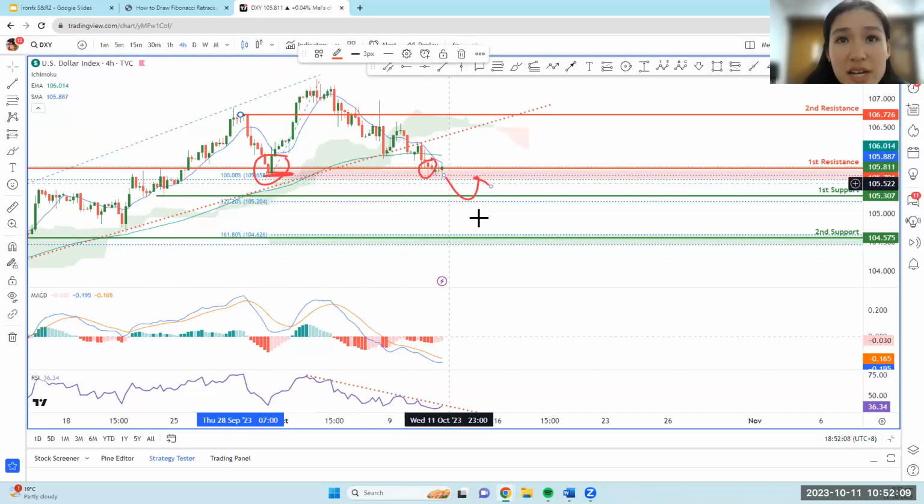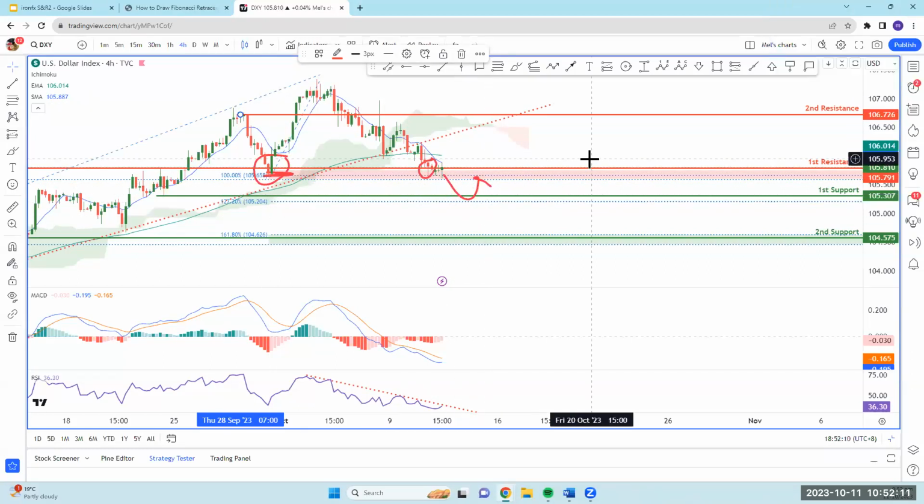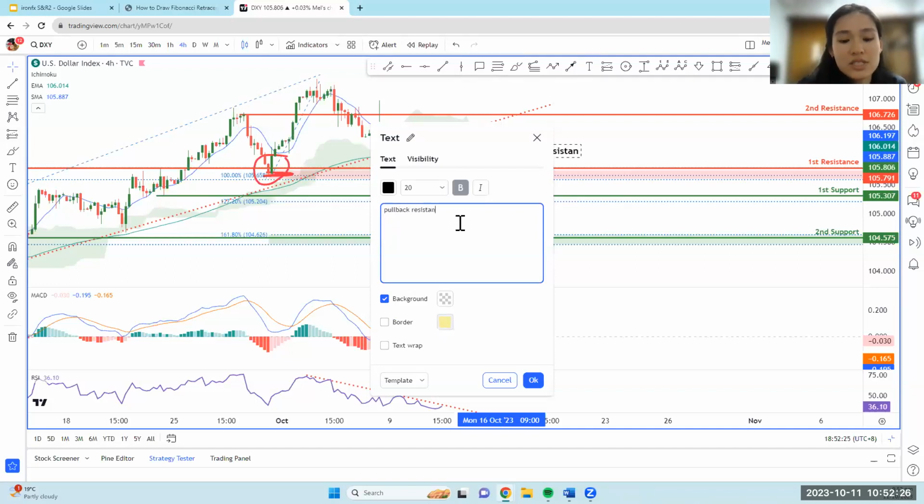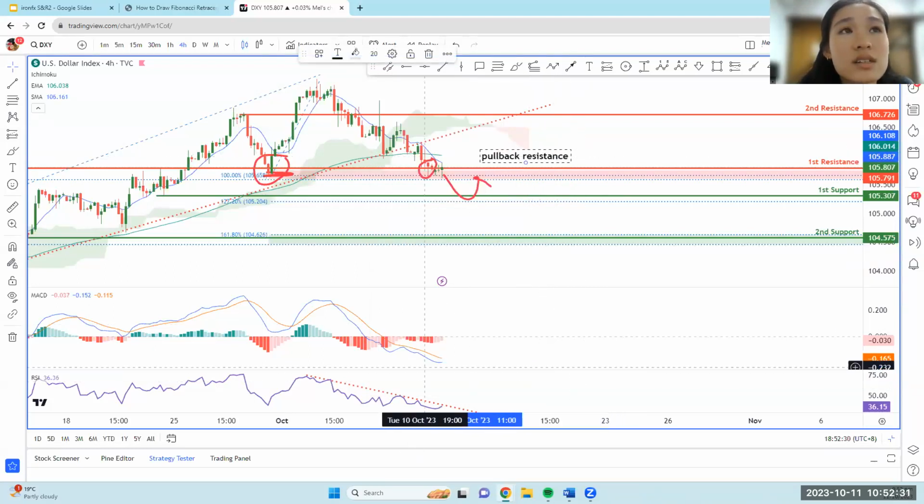Once the price passes under the previous low, it becomes a resistance level. So this is what we call a pullback resistance.